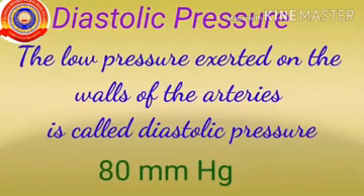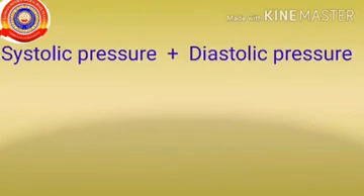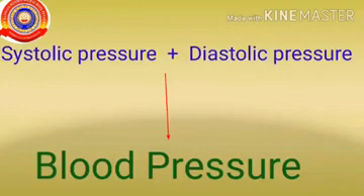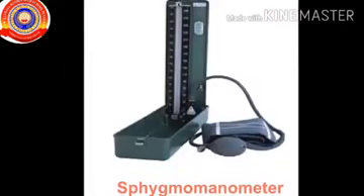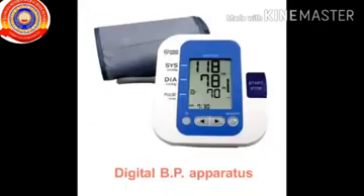Its rate is 80 mm Hg. Systolic pressure and diastolic pressure constitute blood pressure. The instrument used to measure blood pressure is sphygmomanometer. Digital BP apparatus is also available nowadays.